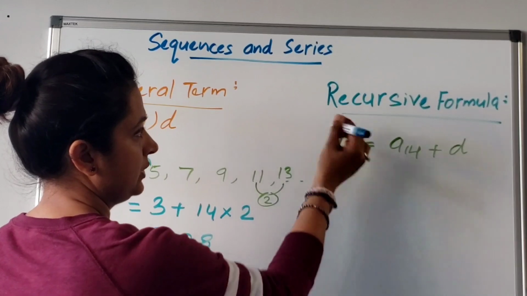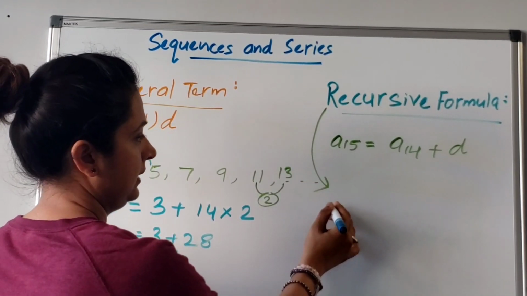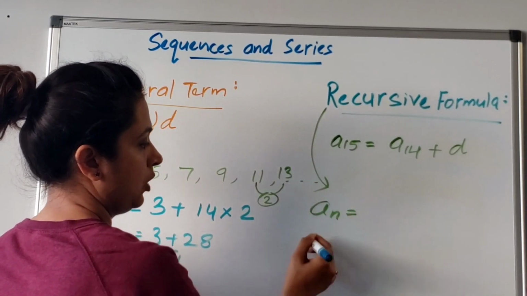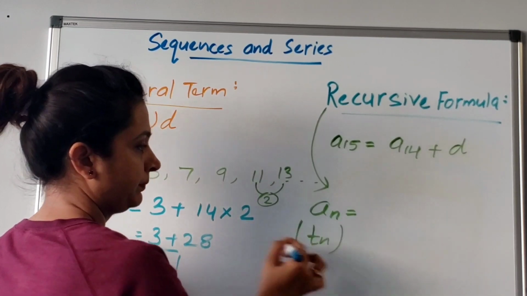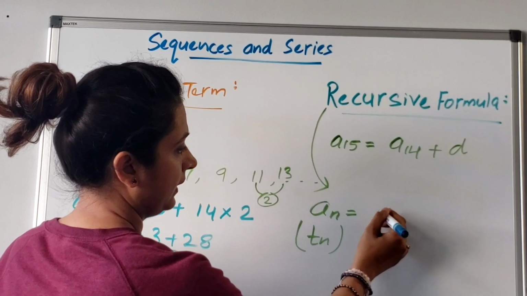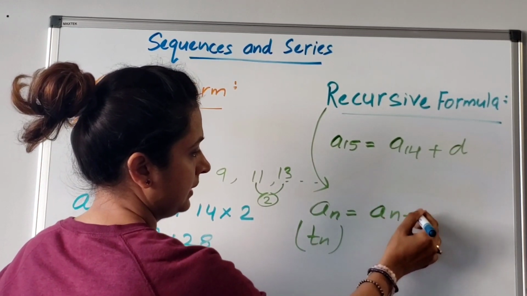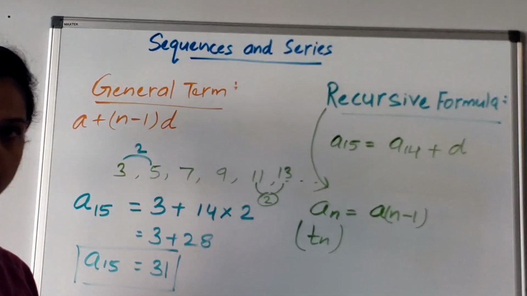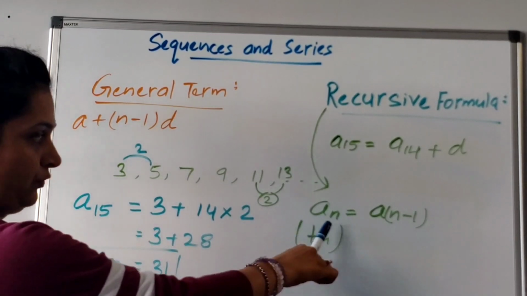So over here, if I generalize the recursive formula, the nth term, or Tn, should be equal to the previous term, that's the term preceding to the term I want to find out.